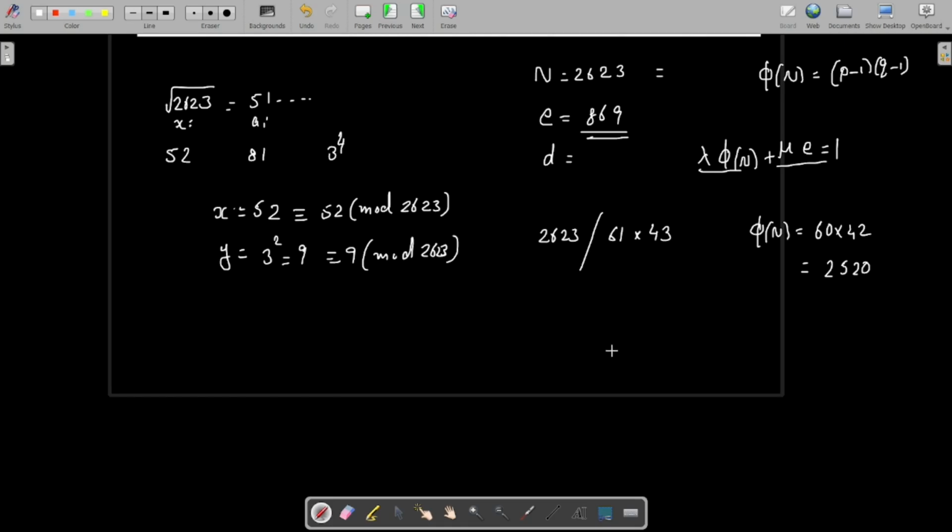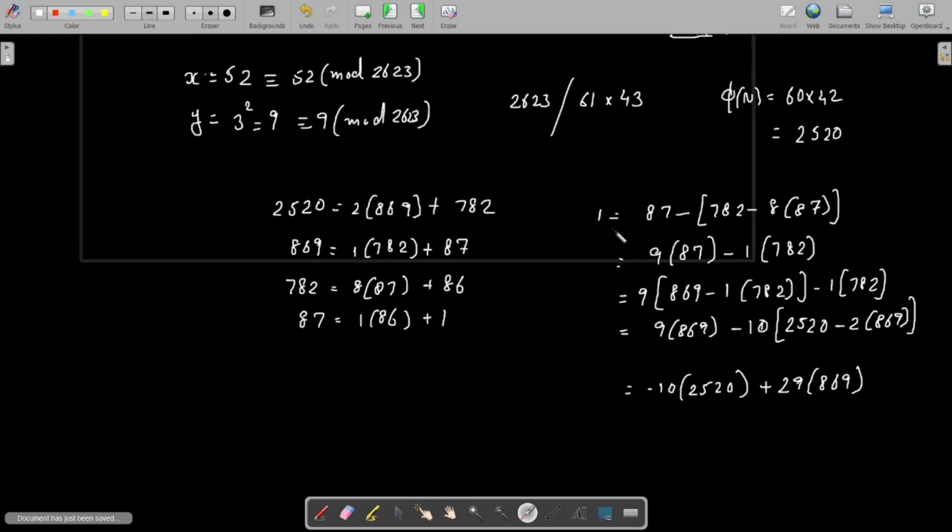We'll use the Euclidean algorithm again to find the numbers lambda and mu. Lambda into 2520 plus mu into 869 is equal to 1. And the coefficient of this E is mu. It is taken as our decoding key D. So our decoding key is D equal to 29.